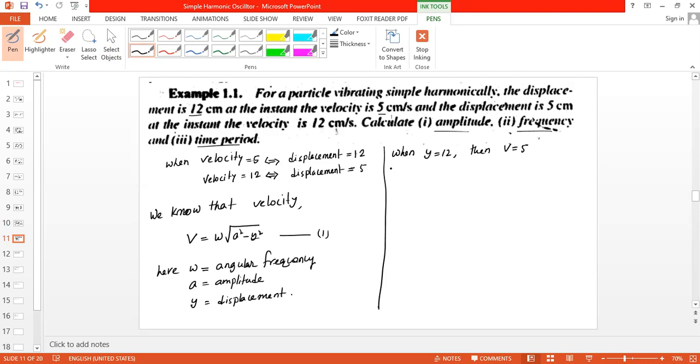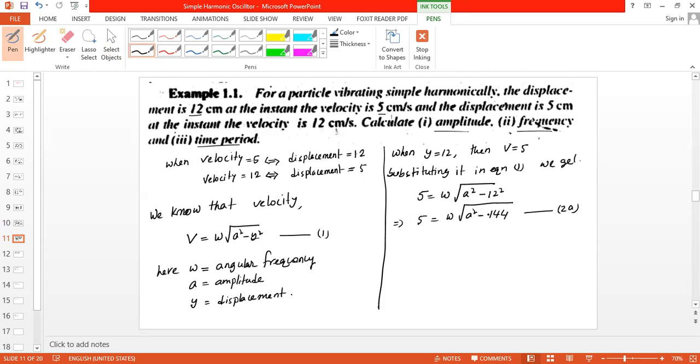Then substituting it in equation 1, we have to substitute y equal to 12 and v equal to 5. We get 5 equal to omega square root of a square minus 12 square. So that means 5 equal to omega square root of a square minus 144. Let's name it equation number 2a.